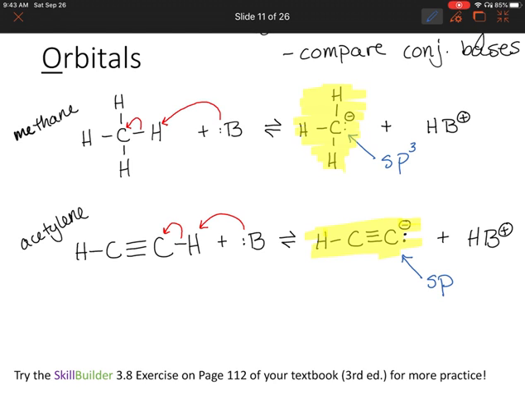So how does hybridization play into stability? Well, let's think about the shapes of these hybrid orbitals. So remember, sp3 hybrid orbitals have more p character. So those orbitals are longer, right?